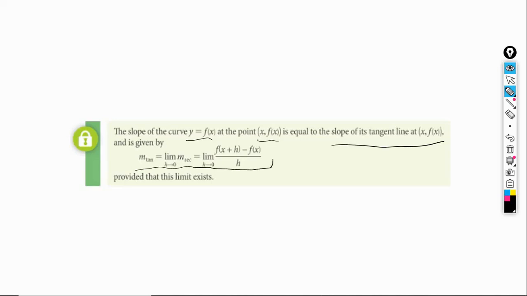Notice that it's the same formula: the limit as h approaches 0 of f of x plus h minus f of x over h, provided this limit exists. Remember that we can test limits by approaching the x value from the right and the left. And there are cases, of course, where you cannot do this because there's no limit.